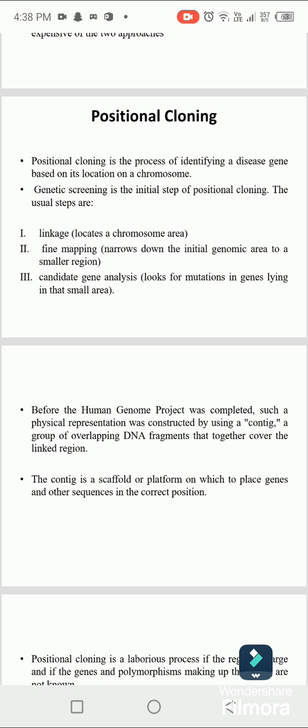Fine mapping narrows down the initial genomic area to a smaller region. Candidate gene analysis looks for mutations in genes lying in that small area.